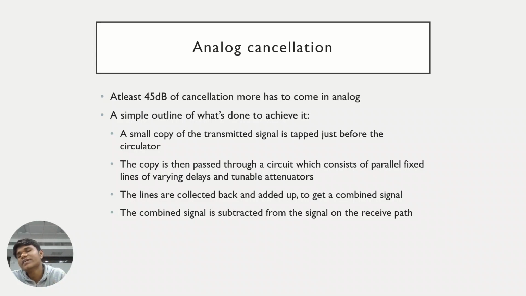and the copy is then passed through a circuit which consists of parallel fixed lines of varying delays and tunable attenuators. What does that mean? We'll see after a point of time. So it passes through that circuit. The circuit has some delays and tunable attenuators.